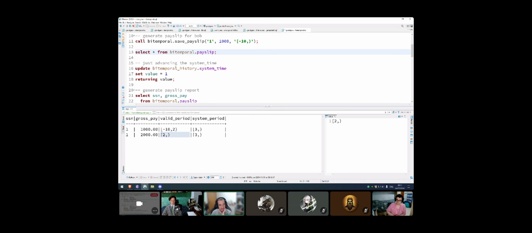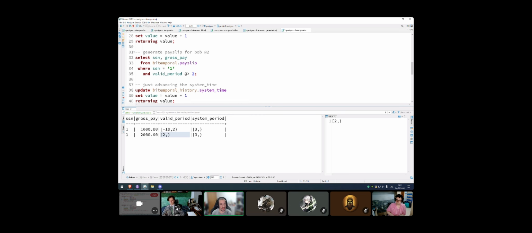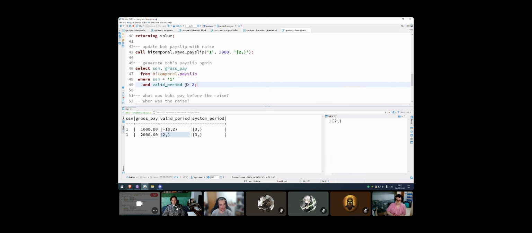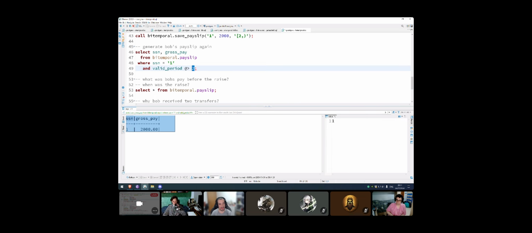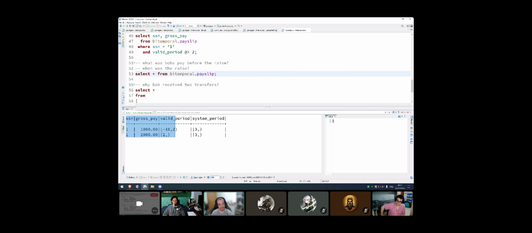This is the table right now. And then we can select again at 2, and now we get the right answer. So the first question that we need to answer is basically just give the table.